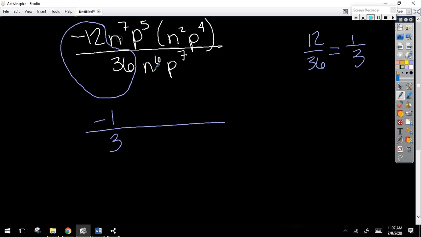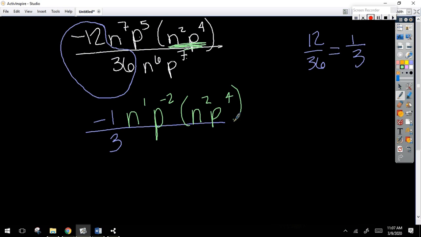So Jordan asked, could you go ahead and subtract these? And you can, since they're the same base, and it stays up top. So 7 minus 6 is 1. And 5 minus 7 is negative 2. I haven't done anything with these yet, so they're still there.